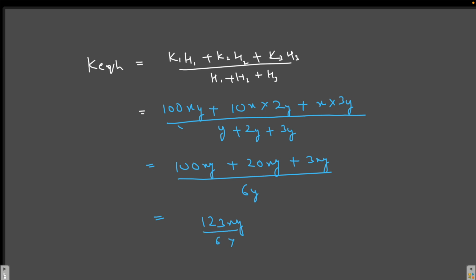The y and y will get cancelled out, and so 6 2s are 12, then 0, and then 6 5s are 30, right? So this is the equivalent horizontal permeability, okay? This is K equivalent for the horizontal one.